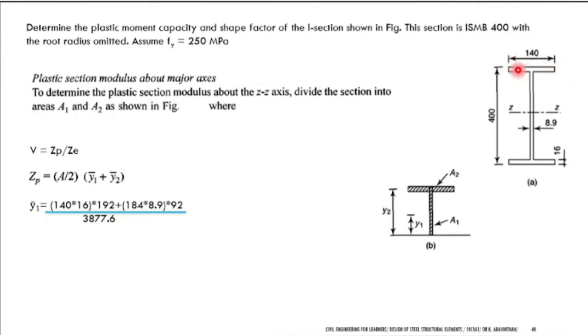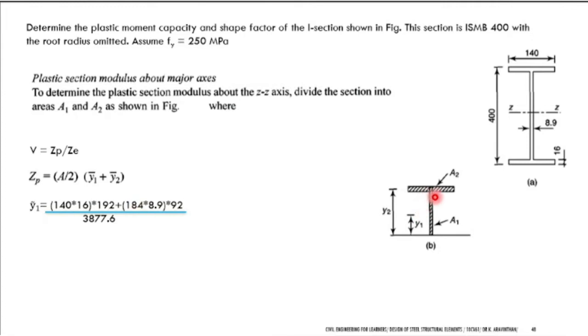So when finding the area, you get 140 into 16. Then the second area: if the total is 200 mm when you cut the section into two halves, and you subtract the thickness of the flange, 200 minus 16 will be 184. So you have 184 here.